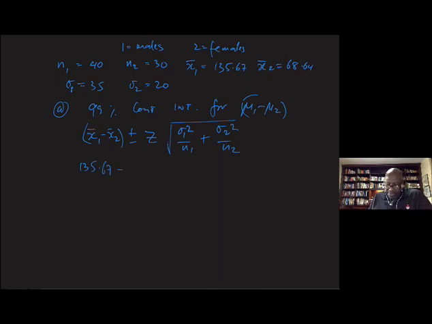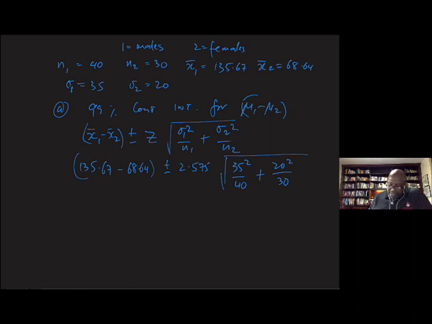135.67 minus 68.64 plus or minus, and for a 99% confidence interval, I gave you guys that before, it is 2.58 or 2.575, which is what your book tends to use, and then we just plug in the values for the standard error. So it's 35 squared for men over 40 plus 20 squared for women over 30. As easy as that.